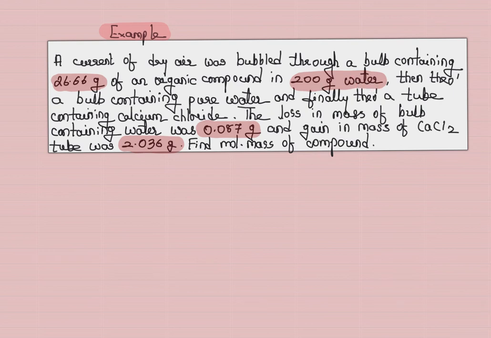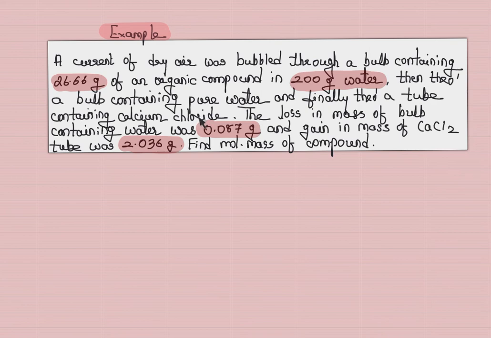So the dry air was first passed through this solution containing 200 grams of water and 26.66 grams of the unknown organic compound. Then the same dry air, containing a little bit of moisture from this, was allowed to pass through a bulb containing pure water, and then finally through a tube containing calcium chloride.